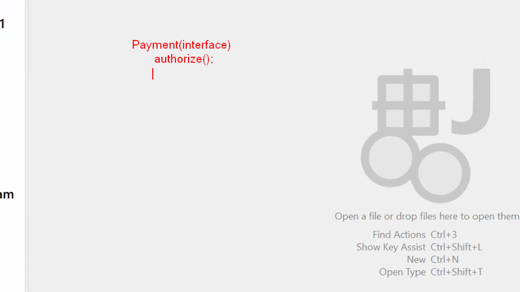And the second one is refund. Authorize is a method, refund is a method, capture is a method. So tell me, what are these three? Abstract. These are the three abstract methods.